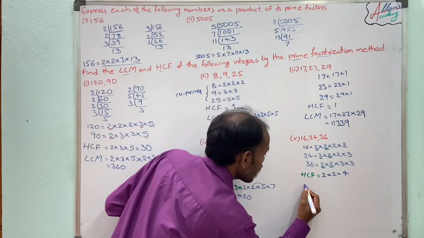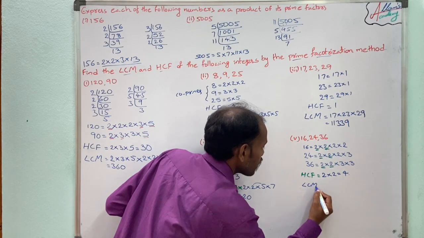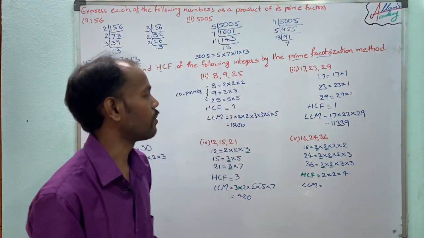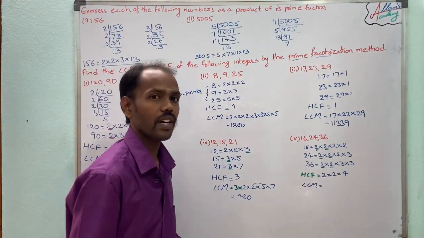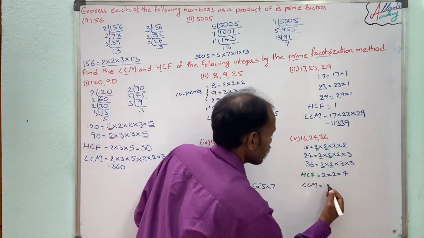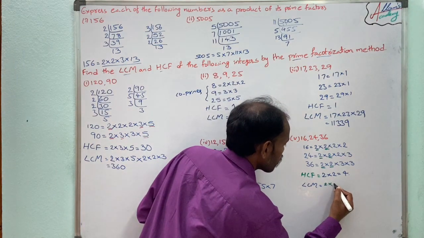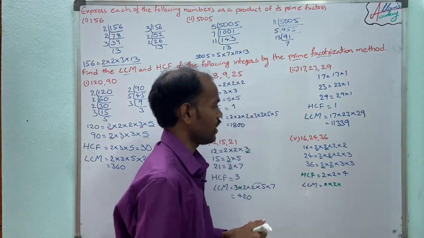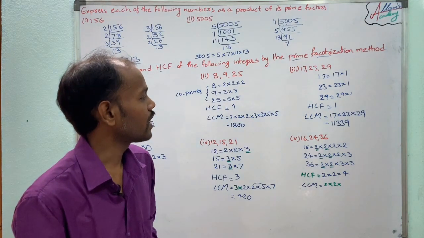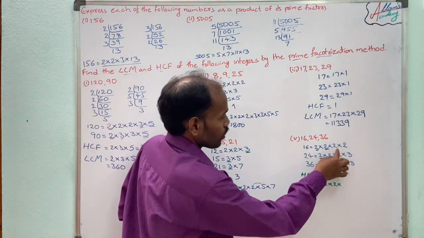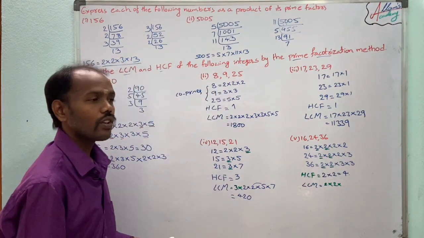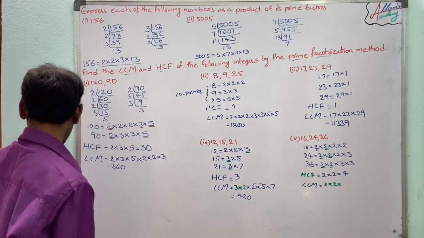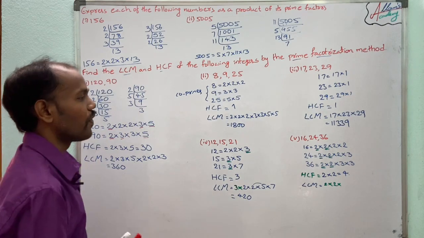Now the LCM of the given numbers. We take the HCF common factors, so 2 into 2. And here we observe the 2 is common in these two numbers, so that common pair we take one time.